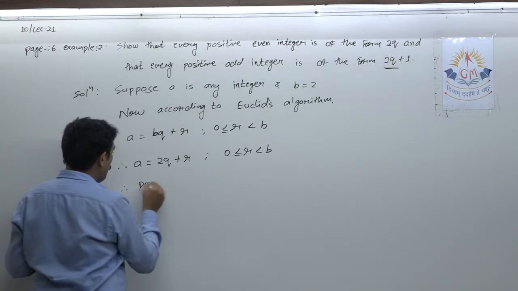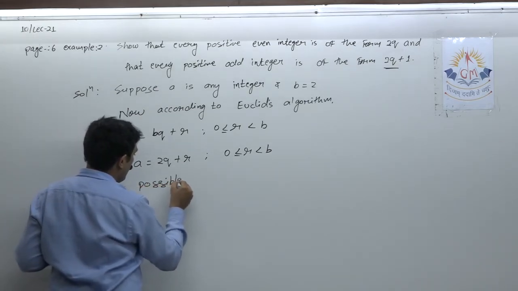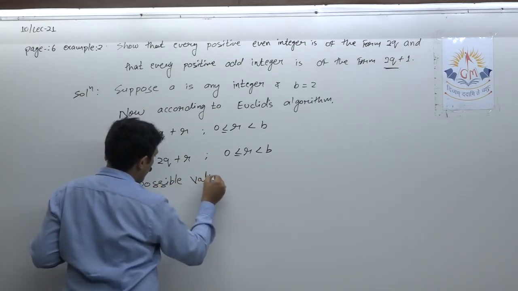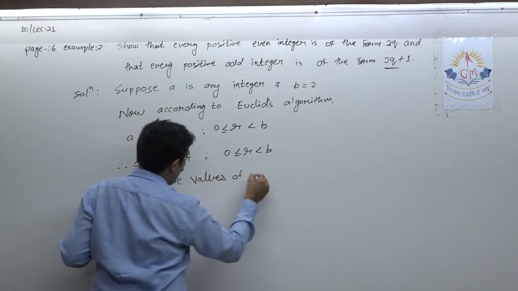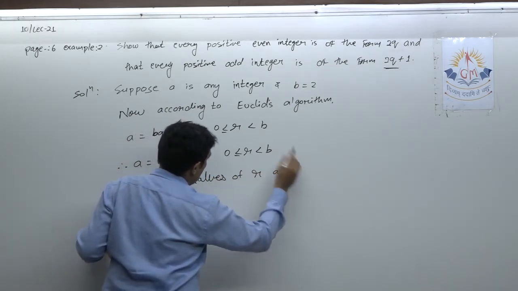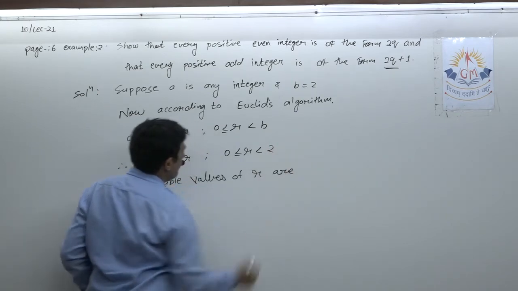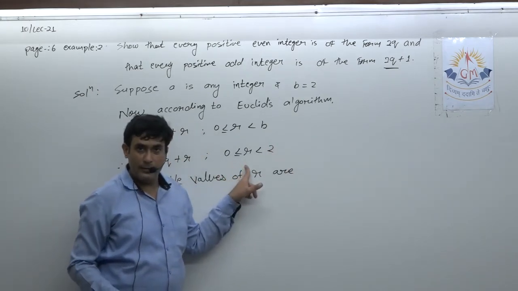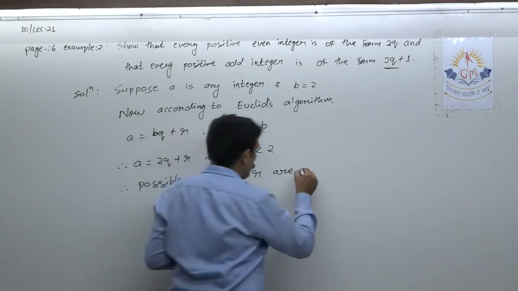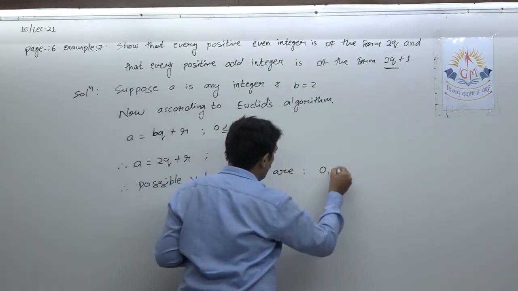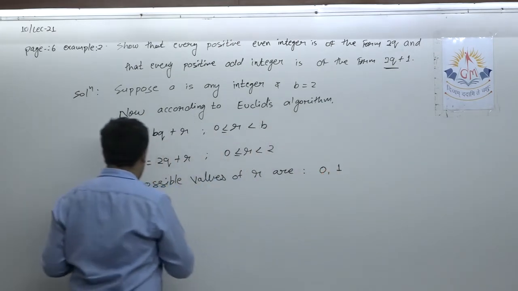Therefore the possible values of r are, here b is 2, so r must be greater than or equal to 0 and less than 2. So possible values of r are 0 and 1.